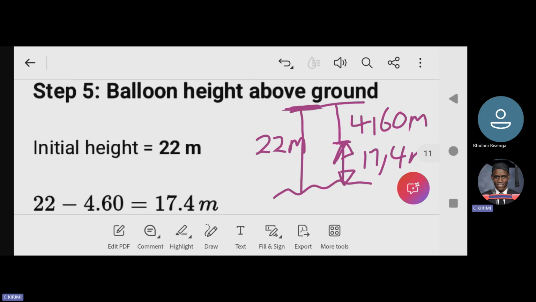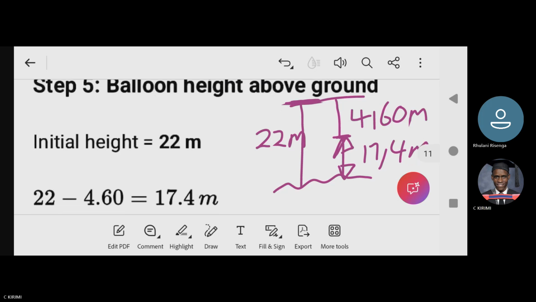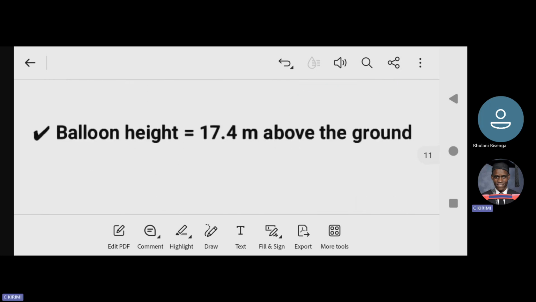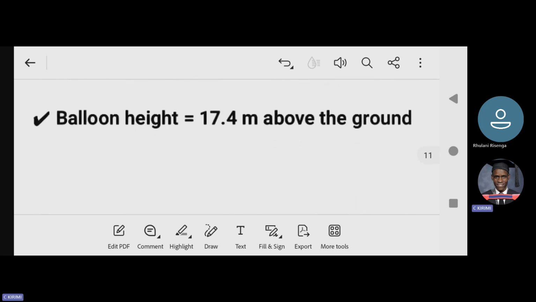We multiplied that time by the speed and got the distance the balloon moved during that time, 4,60. If you want the distance above the ground, you subtract. So the balloon height was 17.4 meters above the ground.